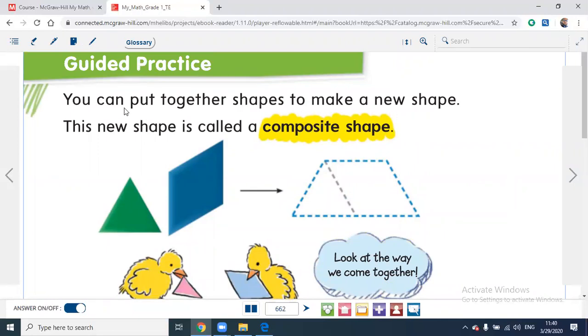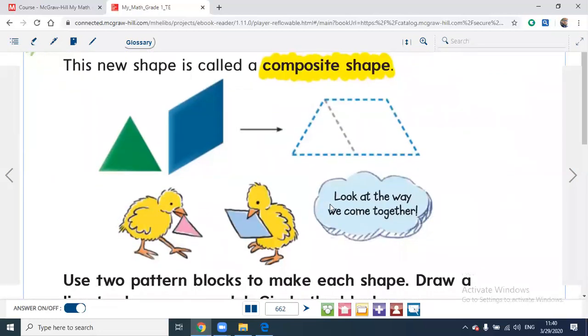This new shape is called a composite shape. As you see here, I have a triangle and this shape. If we connect them or put them together, we have a new shape like this shape that you have.